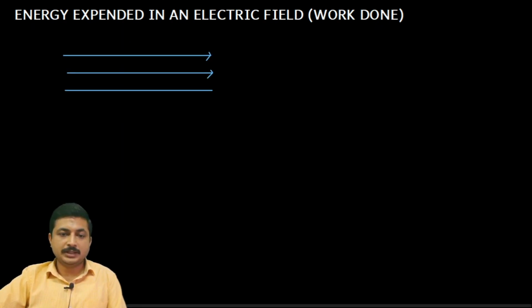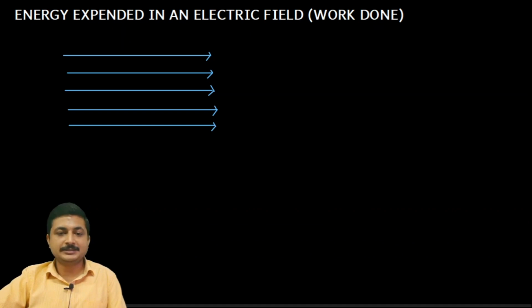I will draw an electric field using flux lines. So this is my electric field. I am assuming that this electric field is from my left hand side to right hand side. So I have some positive charges this side and some negative charges this side, as per the convention. Let the intensity be E vector.